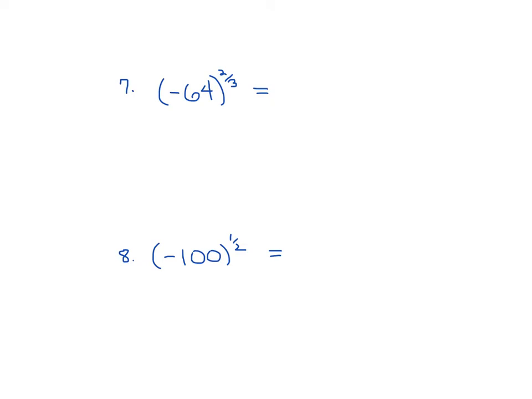This one has parentheses around it. Now, we can find the root of a negative number when the root is odd, but not when it is even. So number 7 I can solve, but number 8 I cannot. When I try to square root a negative number, I am going to turn it into an imaginary number.